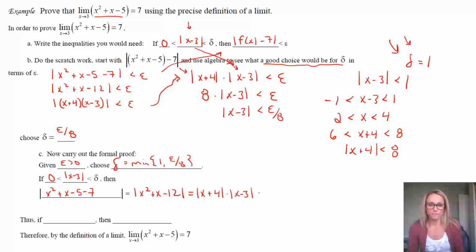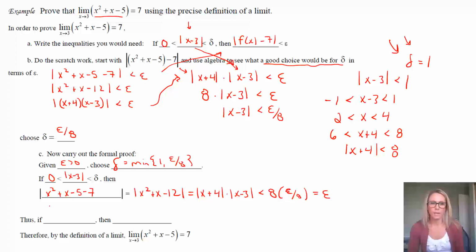And then, as we have already picked up on, we know that the absolute value of x plus 4 is less than 8, and the absolute value of x minus 3 is less than epsilon over 8. So this is going to be less than 8 times epsilon over 8. And that, of course, is equal to epsilon.